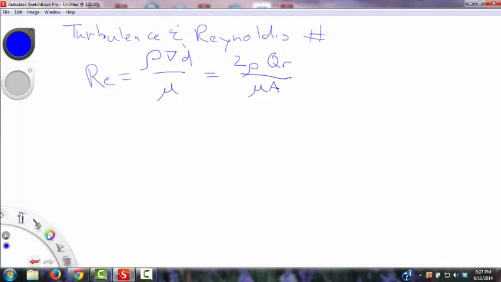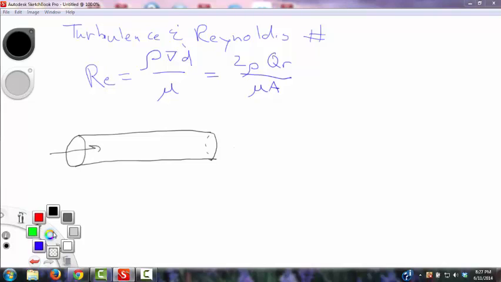Okay, so what this is talking about is turbulence. Turbulence is something that you see when you've got a fluid flowing. It doesn't have to be through a pipe, but we're mostly interested in pipes, and your problems will pretty much all be these circular cross-section cylindrical pipes like this, and you've got some fluid flowing through it this way. You can have one of two states.